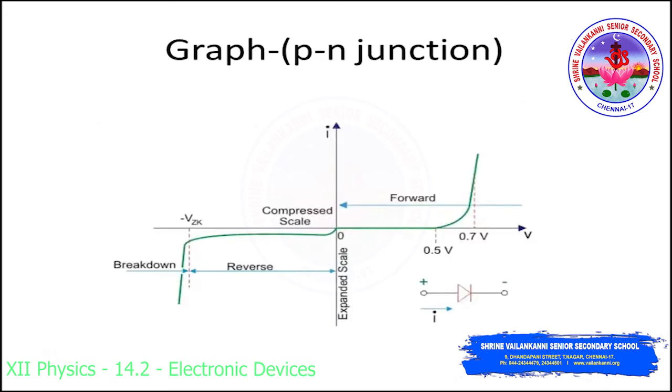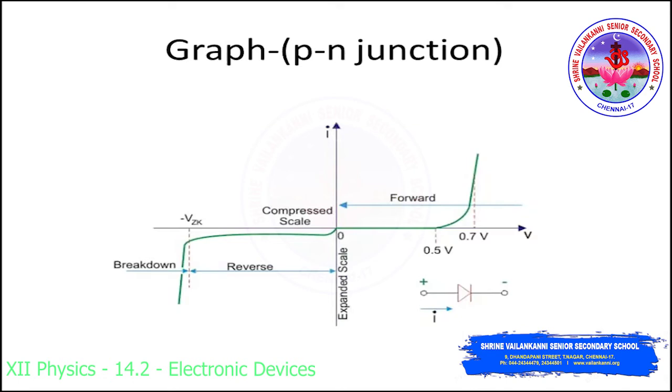We can analyze the graph. As we said, the important features of the VI graph: first point, it is not a straight line, and a junction diode does not obey Ohm's law, right? Initially the current increases very slowly, almost negligible, until the voltage across the diode crosses a certain value that we call the threshold voltage or cut-in voltage.